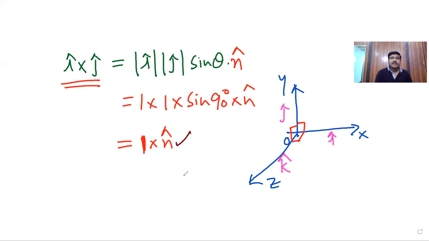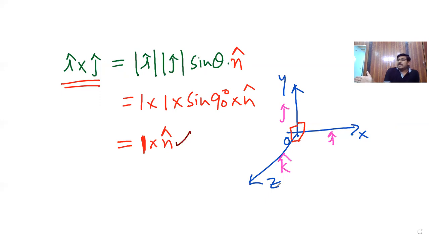Direction vector is given by the right hand thumb rule. Now, I bar cross J bar. Use your right hand and start your right hand at the origin. Fingers should be extended along the x direction because I bar is the x direction. Curl the fingers towards J bar.